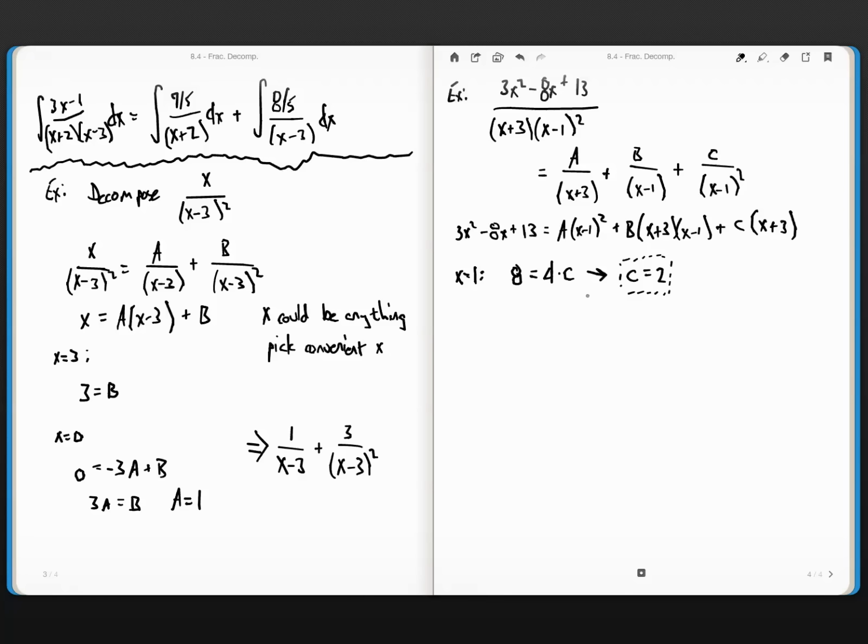What's another nice one? Well, -3 also will make two things go away. So I'm going to pick x equals -3. And so that means, well, this becomes a hassle. 3 times 9, so that's 27 minus 24 plus 13. I'm going to say 64 there.